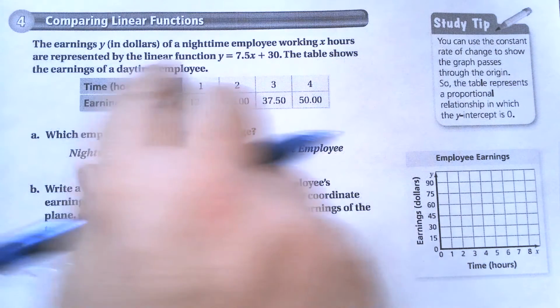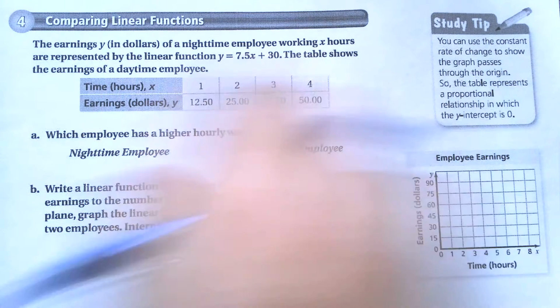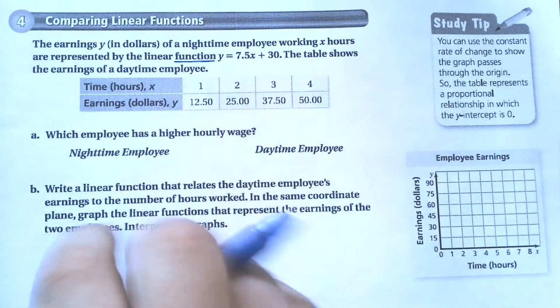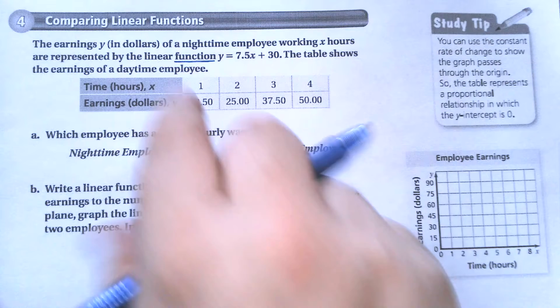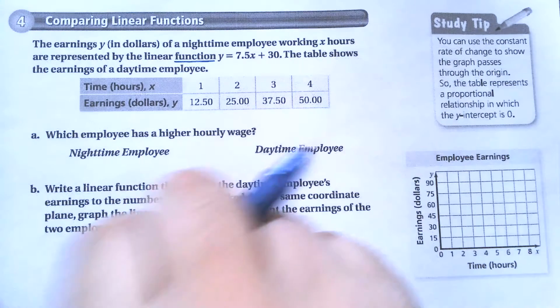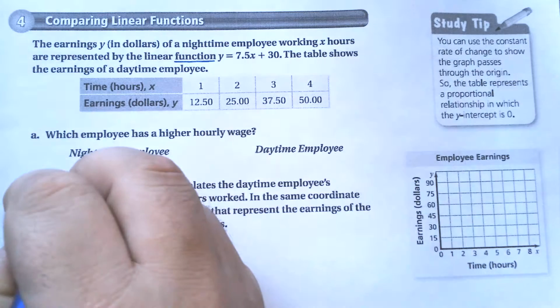All right. So the earnings, y in dollars, of a nighttime employee working x hours is represented by the function. Again, that word tells us it is a line, and we can expect one outcome for every one input we make. So here's the function. That's my nighttime employee.